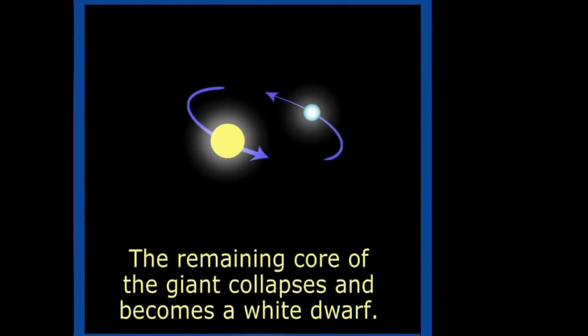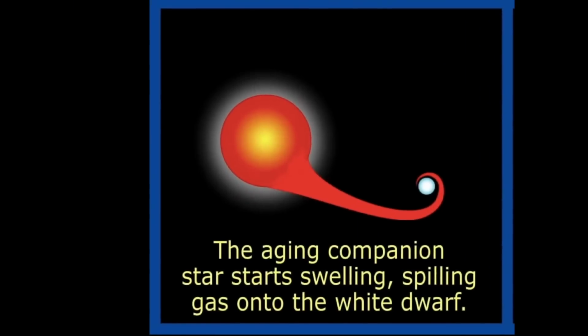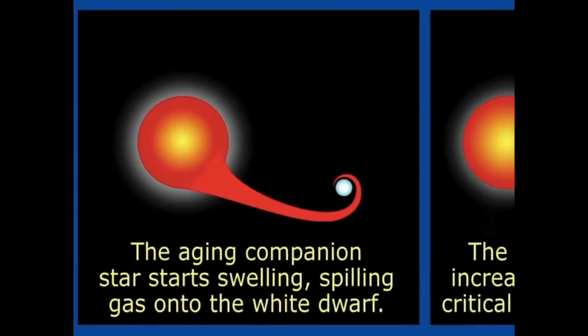And then it spits off the outer layers, but now we've got two stars that are really close, and now the yellow star is a rapidly evolving main sequence star, and the other one is now a white dwarf. Next thing that happens is that star becomes an aging red giant star. It starts to swell up even as it exits the main sequence, and then it dumps material onto the white dwarf now, not onto a companion star.